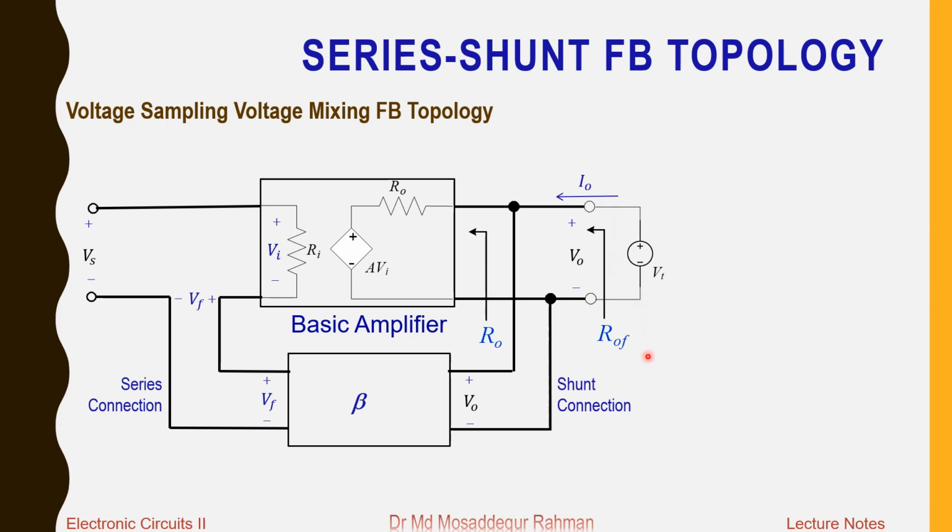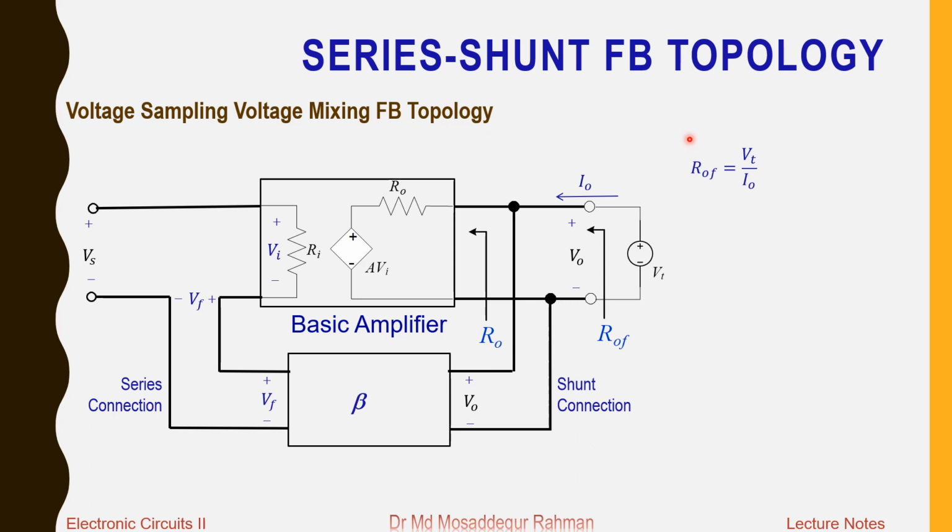So now according to the definition of the resistance, we can say that ROF, the output resistance with feedback, will be the voltage at this point, which is Vt, our test voltage, divided by the current that is flowing in, I0. So that will be our output resistance with feedback, according to the definition.